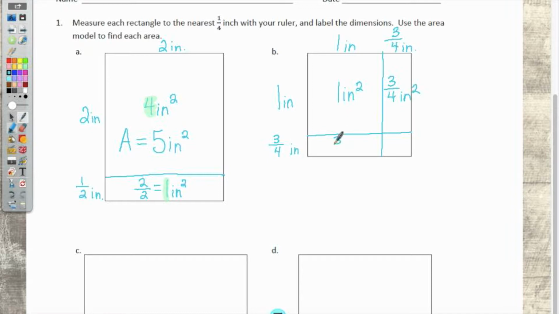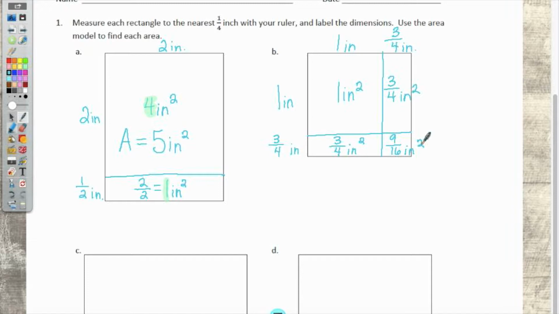Oh, good. That's simple, isn't it? Are you labeling it square inches? Okay. And George B, 3/4 times 3/4. 9/16. Okay, because 4 times 4 is 16, right?